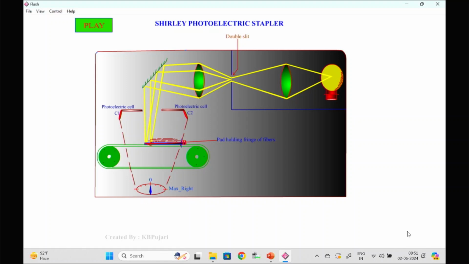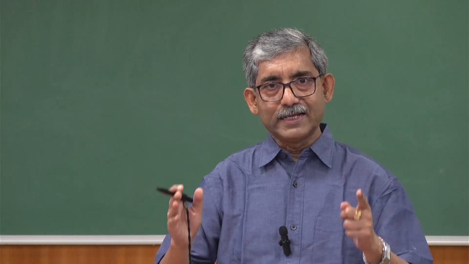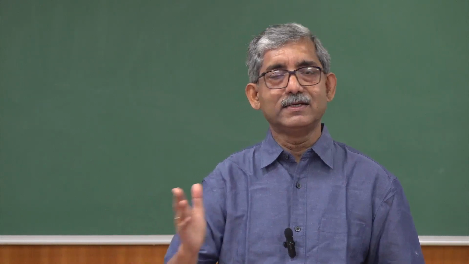These photoelectric cells are connected with the galvanometer, and depending on the densities, at the extreme end where sudden change in densities are there, this will be able to detect the edge point.